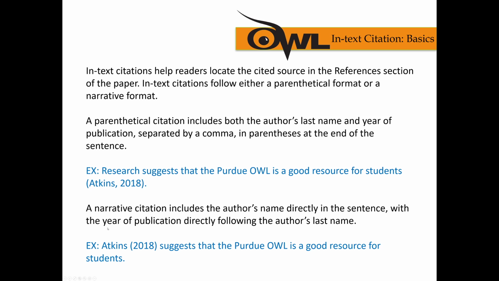So within a paragraph, when you see these brackets with the author's name and the year of publication, it should be really easy for me to find this in the reference list because I'm looking at the beginning of the list because it's A and it should be in alphabetical order. So I should easily be able to find the title of the article that Atkins wrote, right, by looking on the reference page. So if my reference page doesn't include Atkins, then I'm in trouble, right?